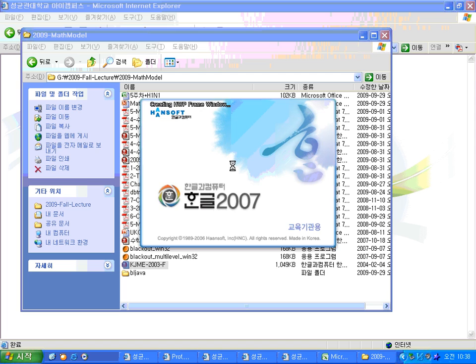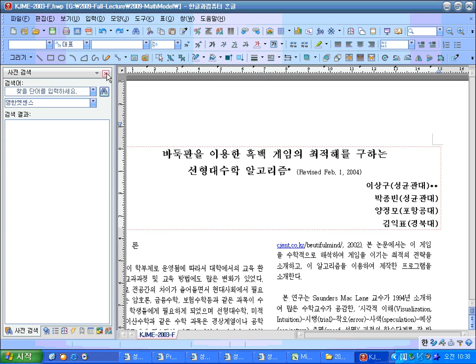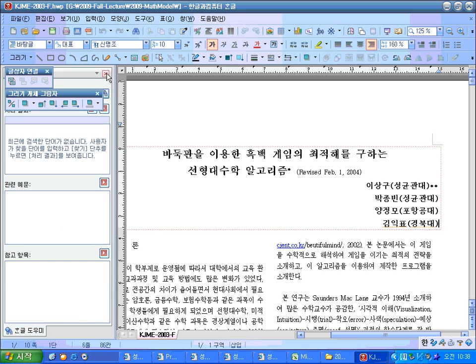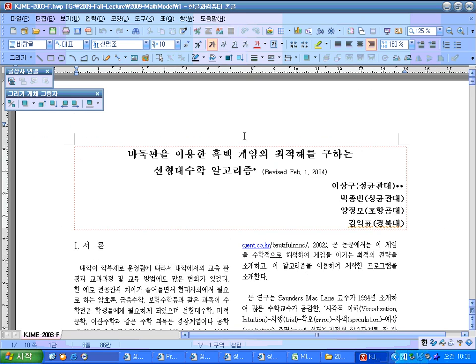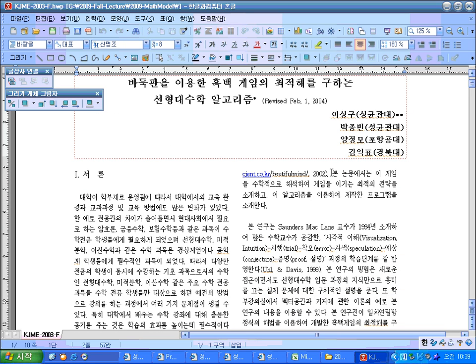Most of you must have seen a paper on Blackout game, and this 5 years old paper appeared in the contemporary linear algebra textbook. So you must be familiar with this Blackout game using the linear algebraic algorithm.